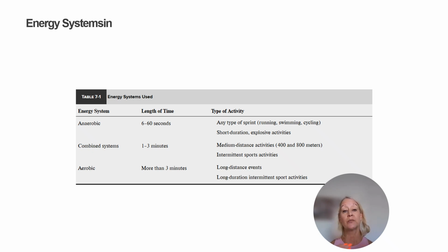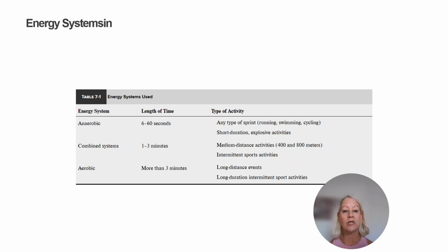Typically, it is from 3 minutes to, again, an hour or more, and it is slow, but it is sustainable for those lower to moderate intensity activities. So this would be like with long distance running, cycling, or swimming. And it's more extended duration sport activities like marathon running or a full soccer match.